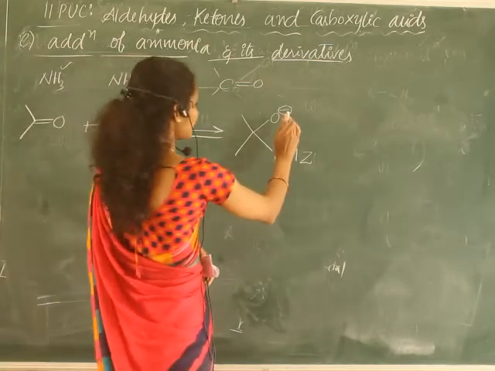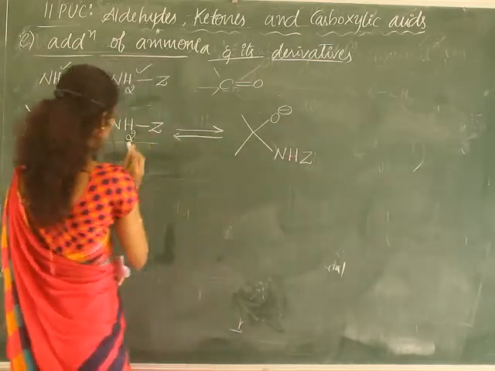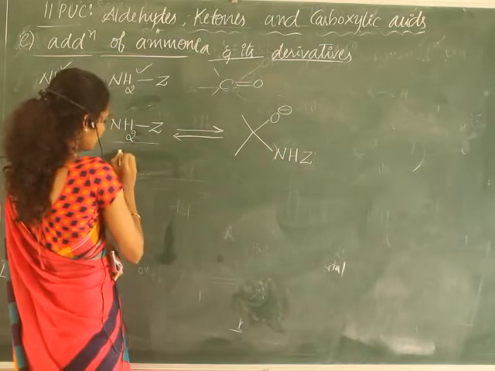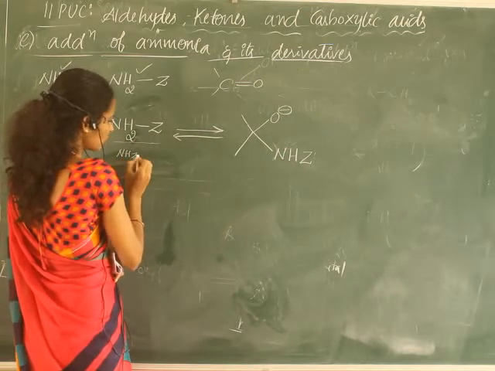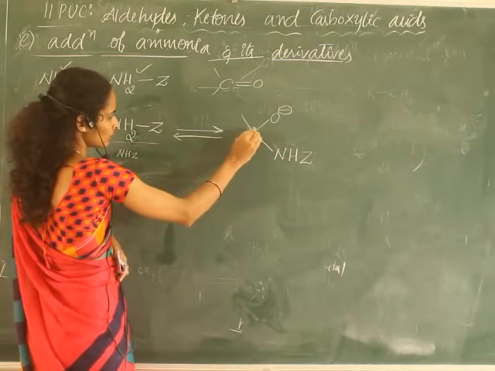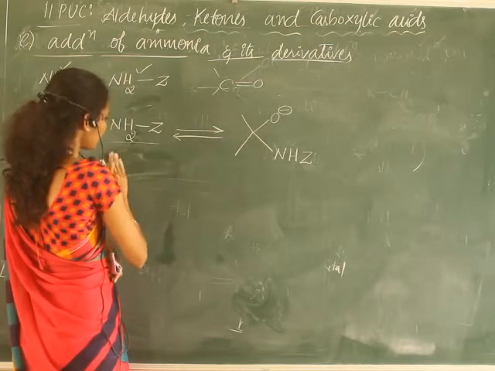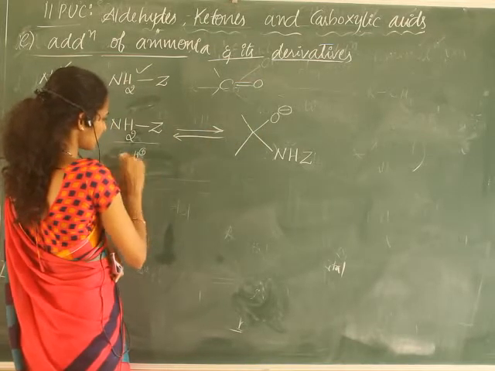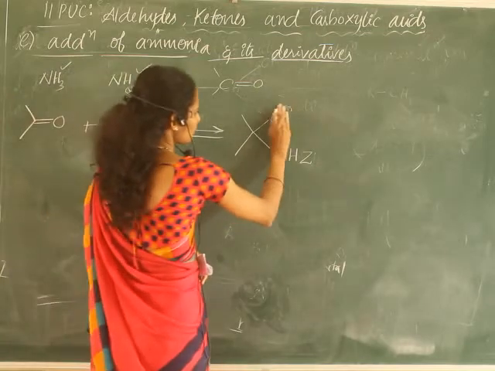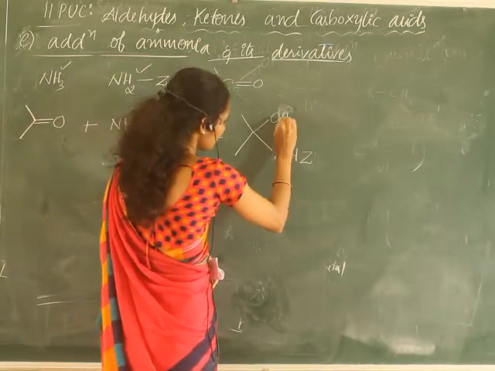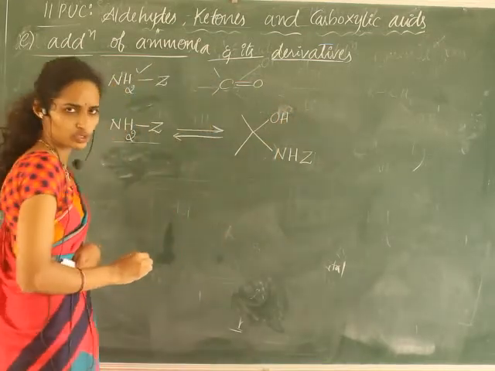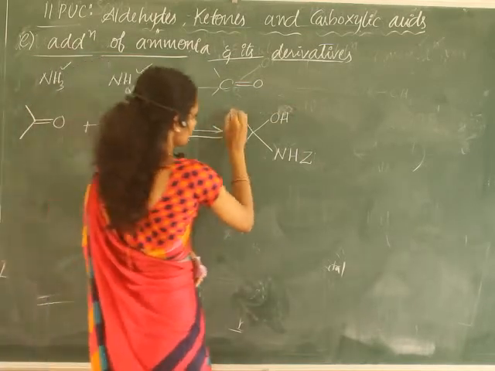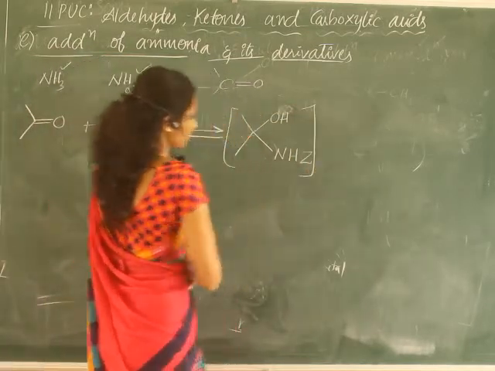This O minus abstracts a proton. Here NH2Z is there, in that NHZ goes and attacks over the carbonyl carbon and the remaining is H plus, and here O minus reacts with the H plus and becomes OH. Here this is the intermediate.